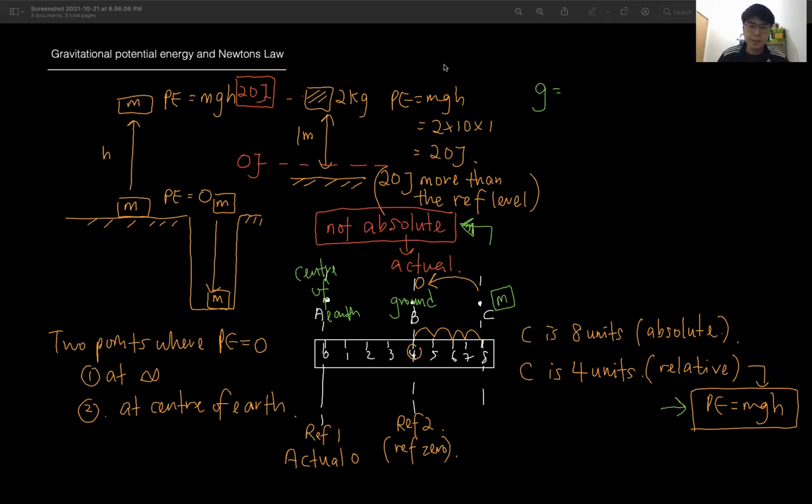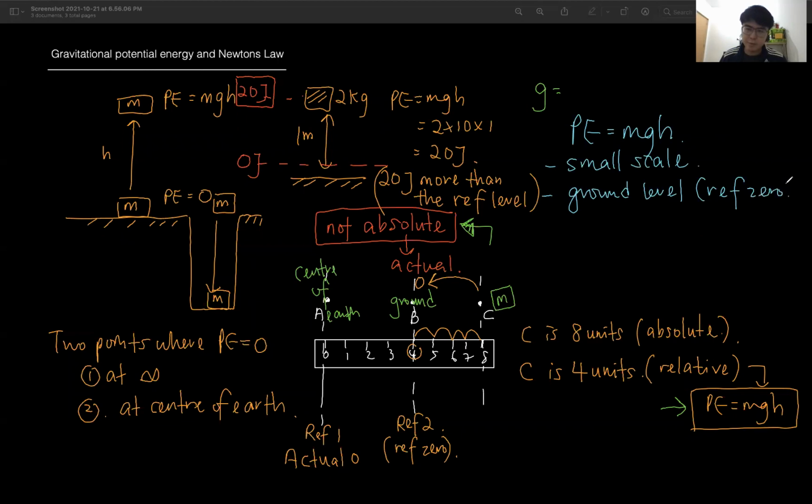So just to sum up a little bit, we can say that PE equals mgh. This one we use for small scale. Okay, and where's our reference? Ground level is our reference axis, that is our 0.